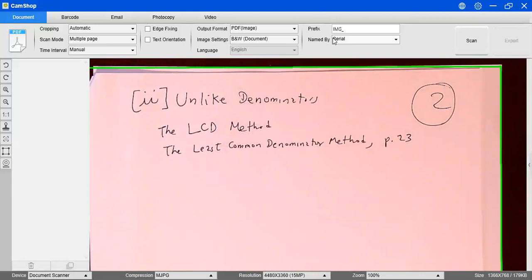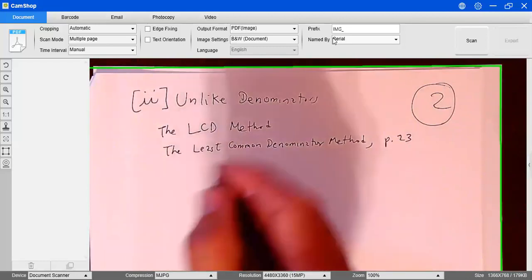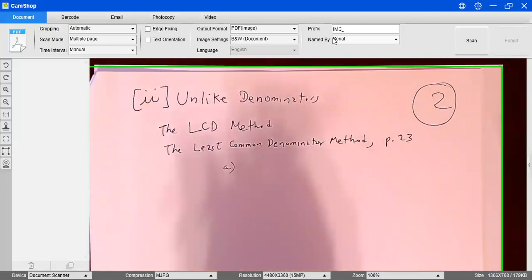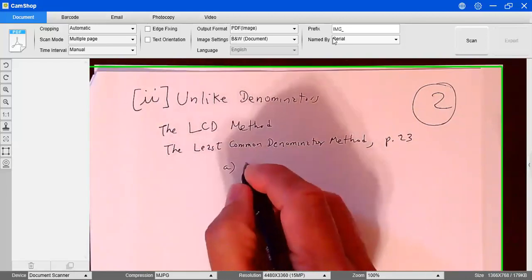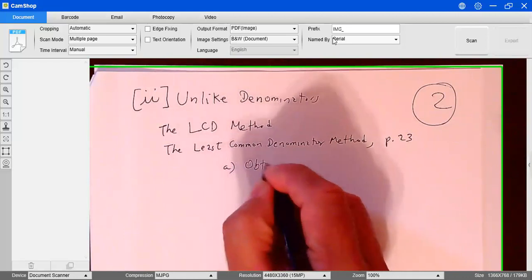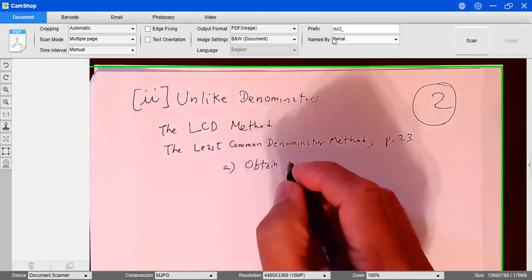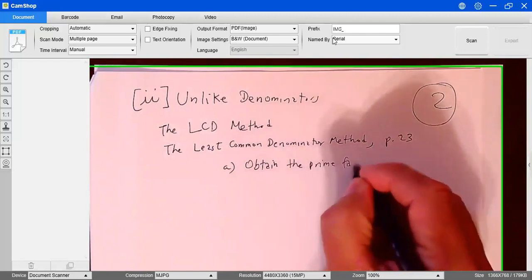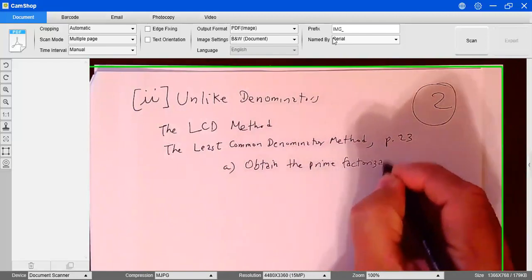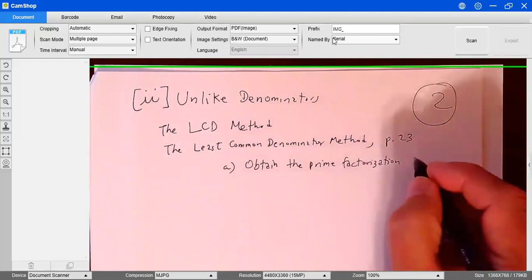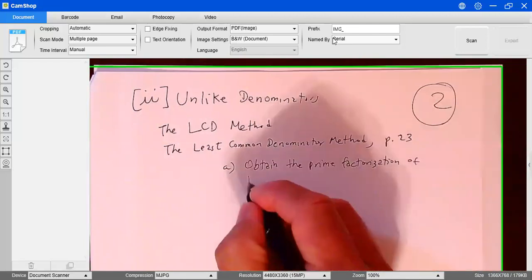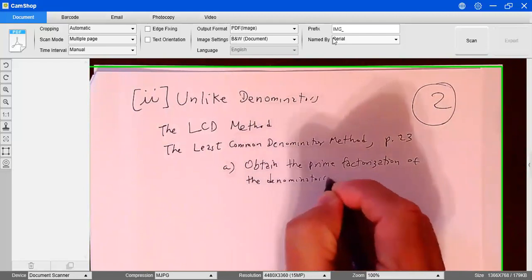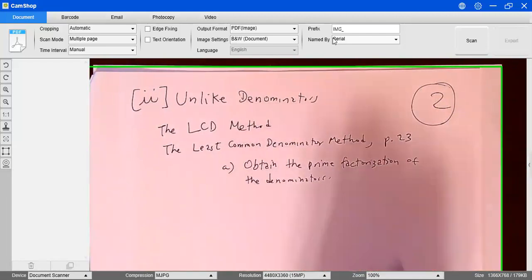So we're gonna write simple steps. The first step is you're gonna need to obtain the prime factorization of the denominators. What is this prime factorization?